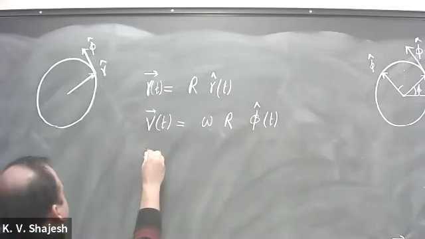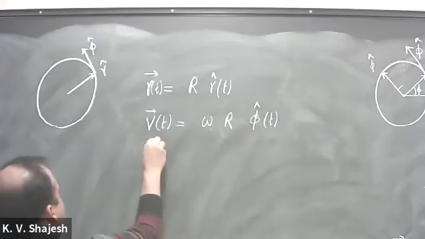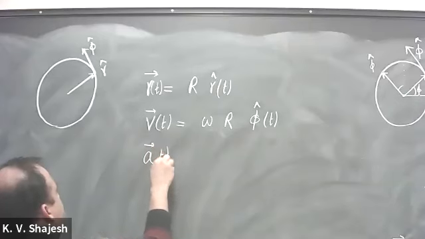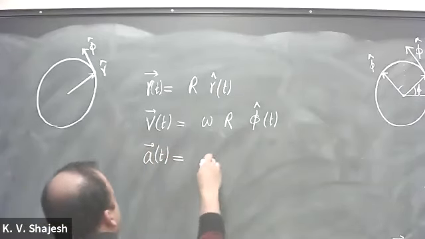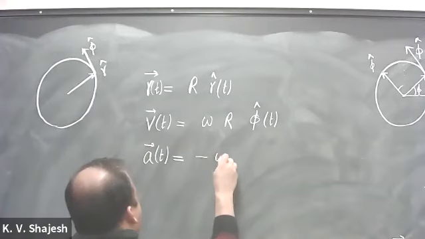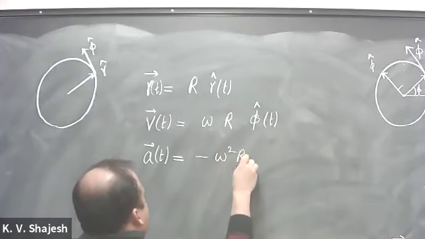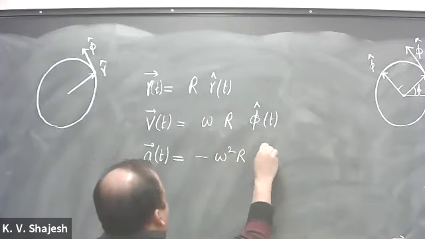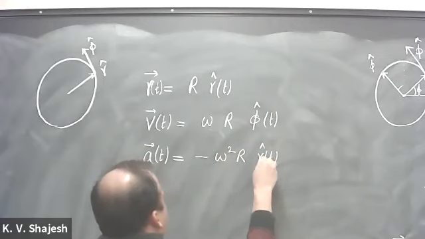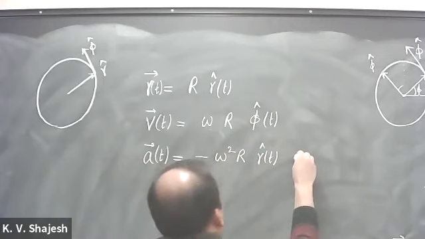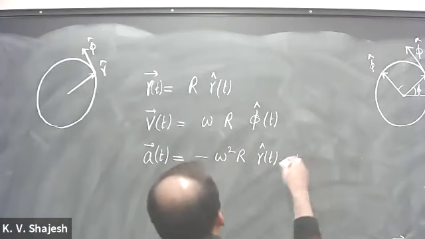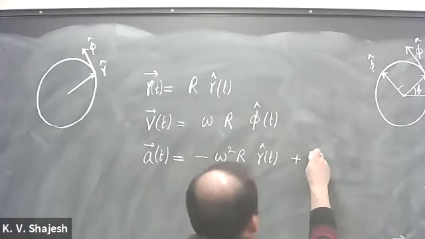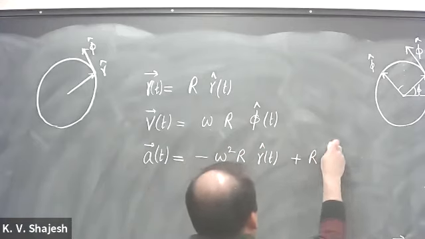And its acceleration in circular motion, in general, could have two pieces. One is inward, minus means it is inward, times r hat, which changes direction. So that's your centripetal acceleration, plus r times the second derivative of phi.